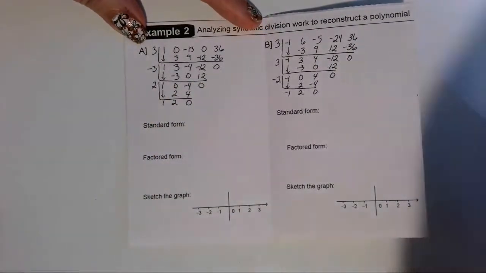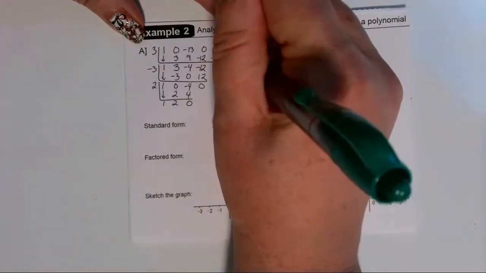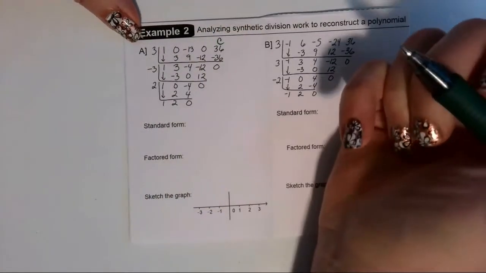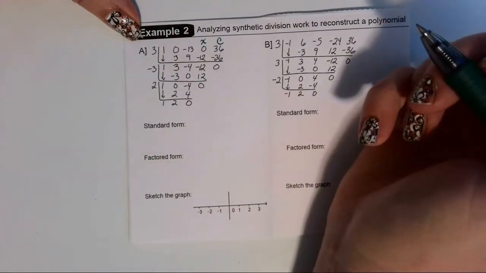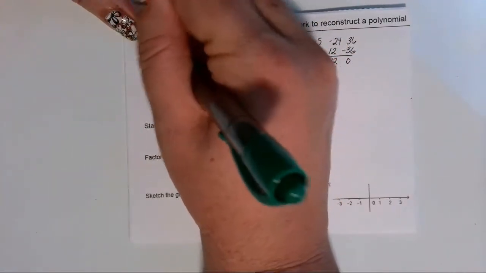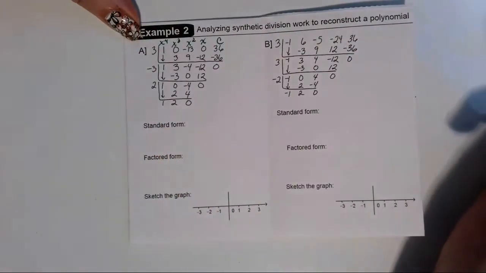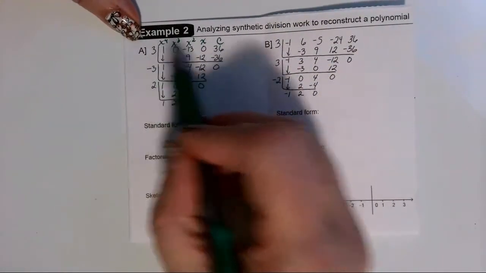So that means that the number at the very end, that is the constant. Okay, then the next number over would be my linear term, my x, then x squared, x cubed, and x to the fourth. And so I start with the constant and I just keep increasing my exponent.